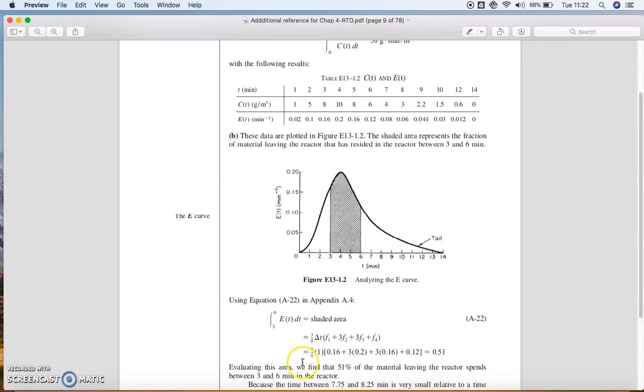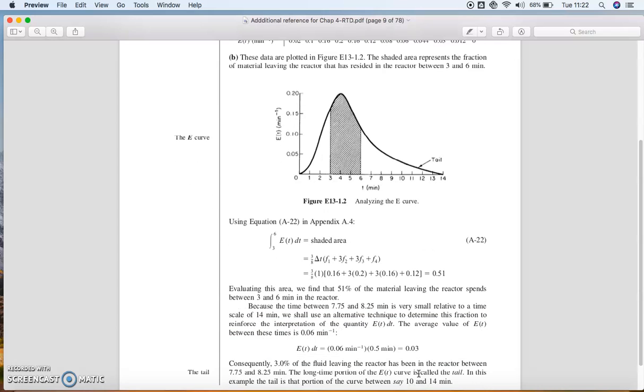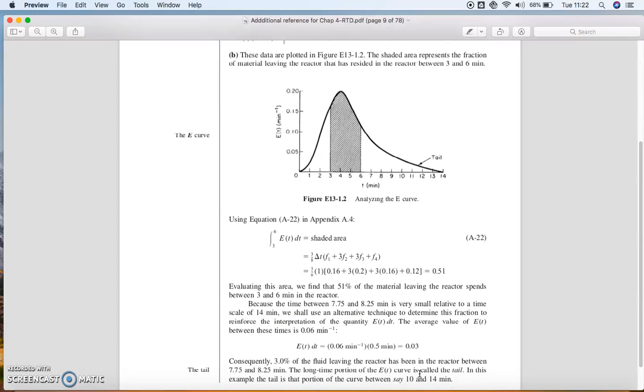So you take the data from the table for 3 to 6: ET at 3 is 0.12, ET at 5 is 0.16, and ET at 6 is 0.12. This is solved using Simpson's method, and in the end you get 0.51, meaning 51% of the material leaving the reactor spans between 3 and 6.